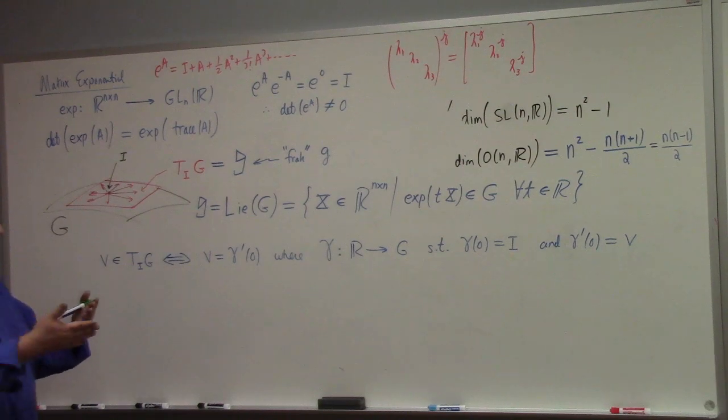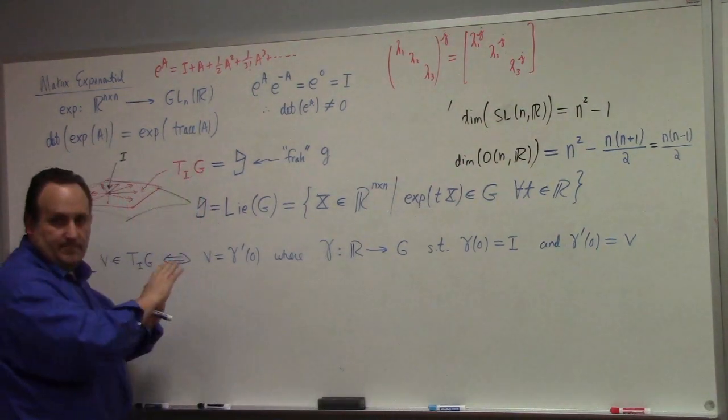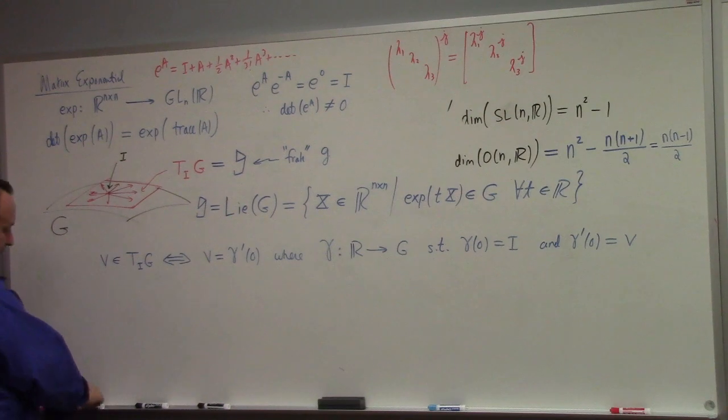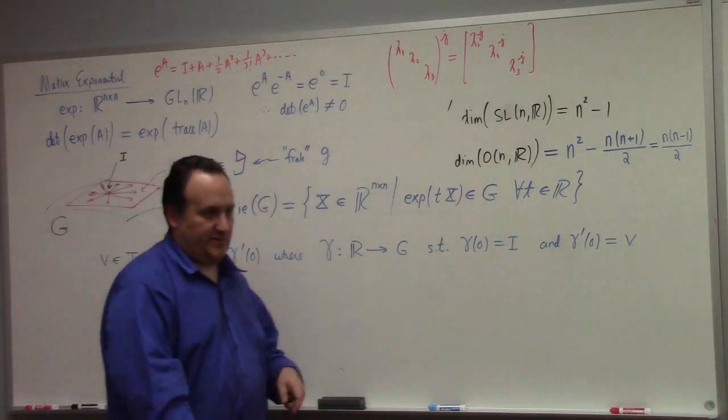Gamma is literally a curve, a path through the origin.